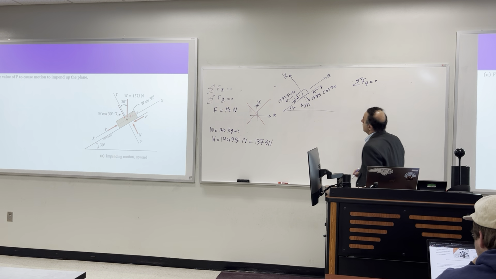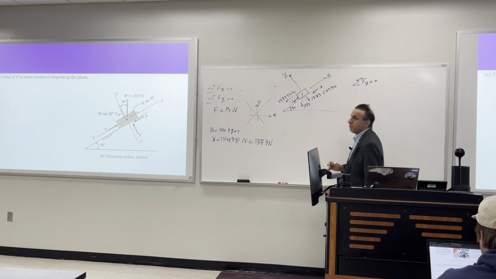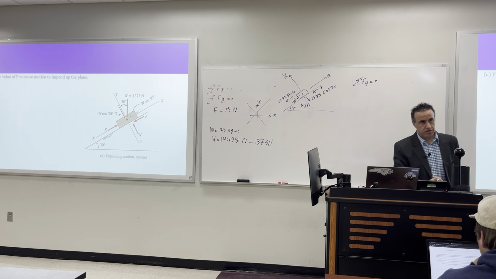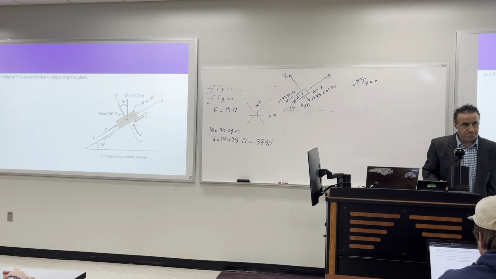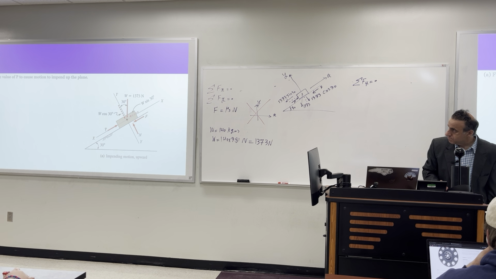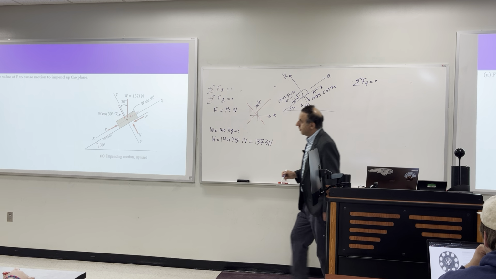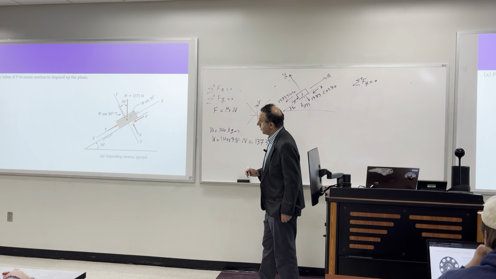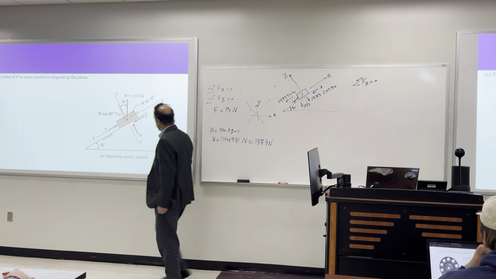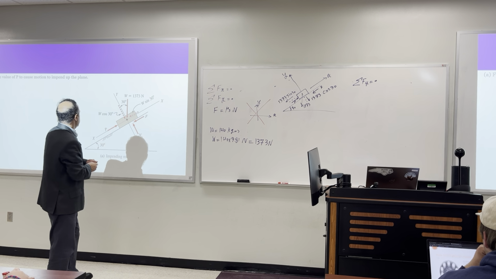What do we have in y direction? You have 1373 sine 30 and cosine 30 flip-flopped from the screen. Is that intentional? 1373 sine 30 is on the x-axis on the screen, and that's on the y-axis in your example.